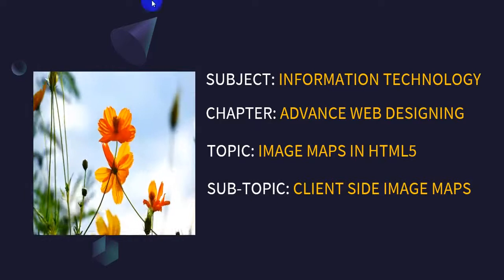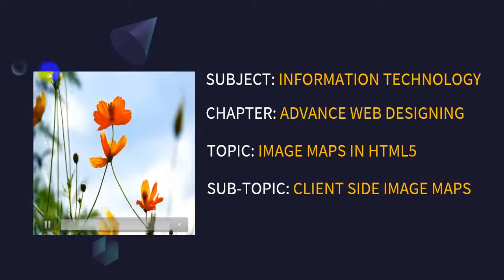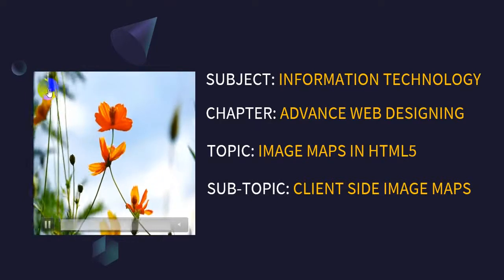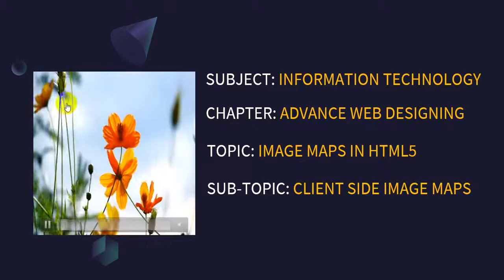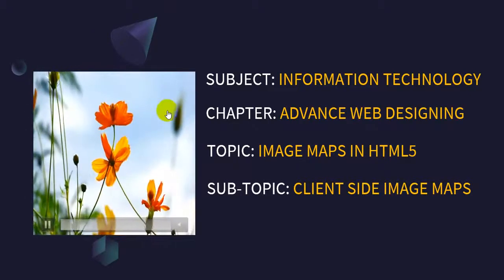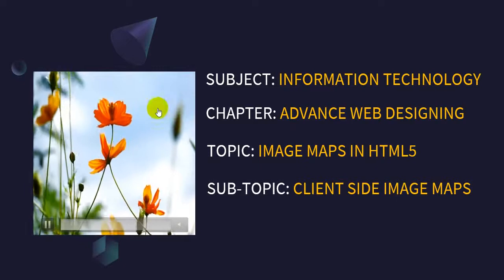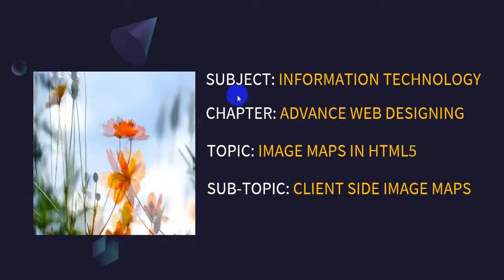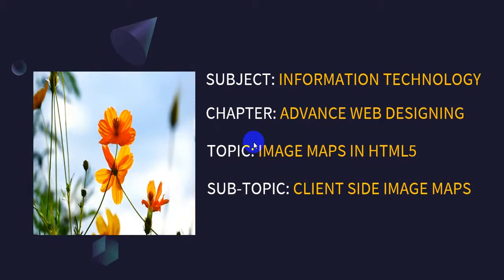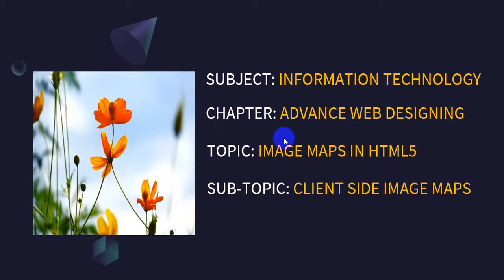In the same way, when I click on the top left corner, some other web page will open. In a single image we create multiple links and every link will open a unique web page. This technology is called image map or image mapping.